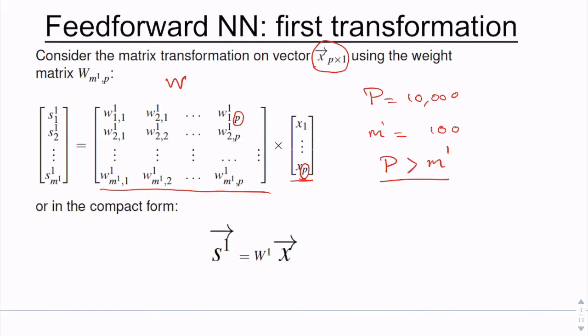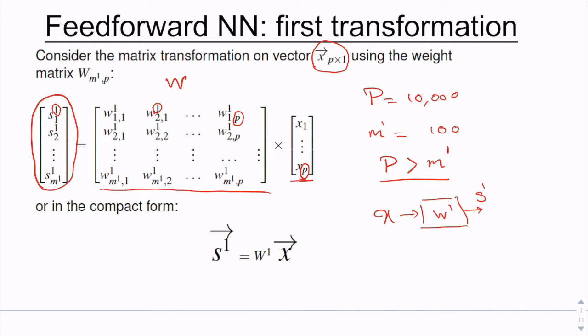We get an input feature, we multiply it by a weight matrix, and this weight matrix will encode it to a new feature vector. We call it S in here. Note that the superscript I use for W and S denotes the first step of the neural network. So we can imagine this is X, the input, it goes to the first transformation by W1, and then gives the output, which we call S1.